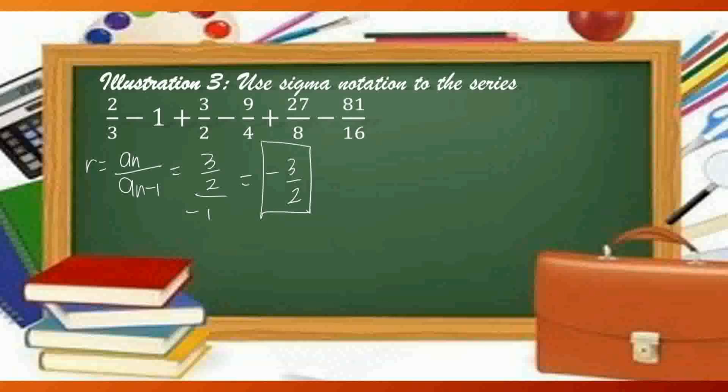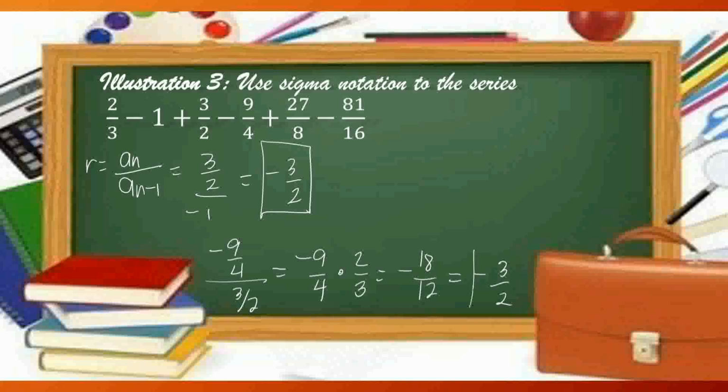Another, 9 over 4 divided by positive 3 over 2. So this will become 9 over 4 times 2 over 3, which becomes negative 18 over 12. Let's simplify: negative 3 over 2, the same as this.